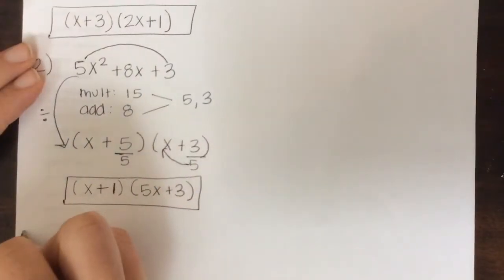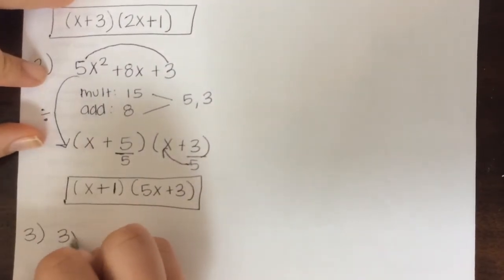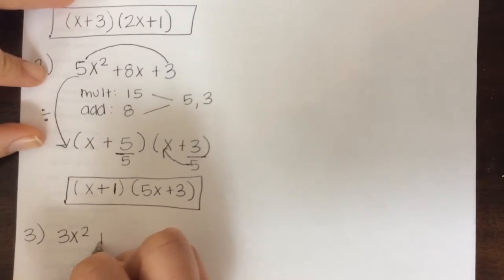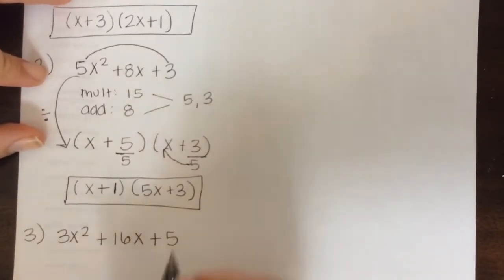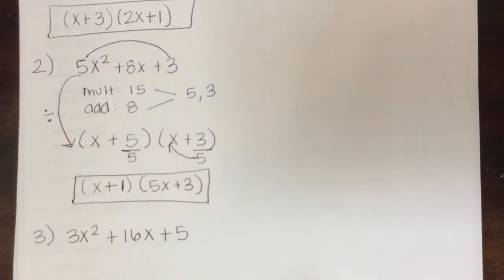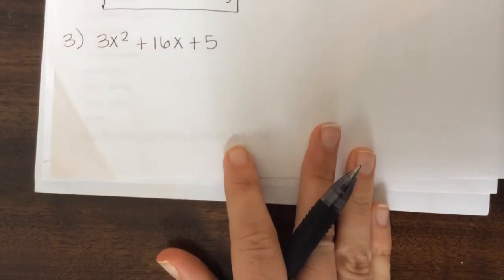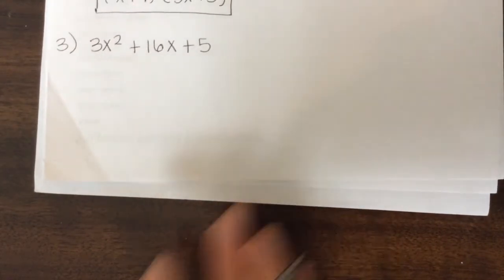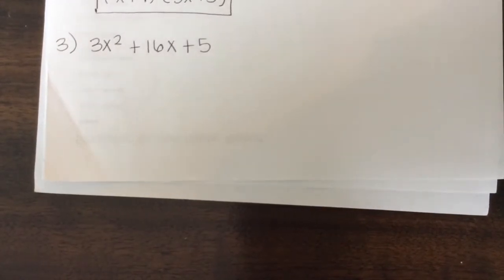Okay, now I would like you to try this one on your own. So 3x squared plus 16x plus 5. So take a minute, pull out a sheet of paper and a pencil, and work this problem.